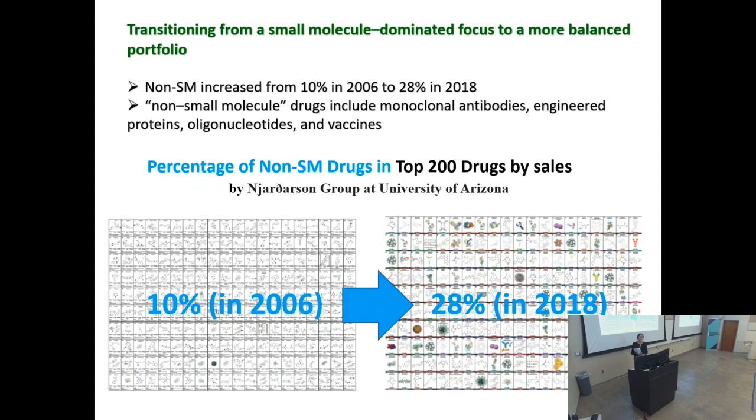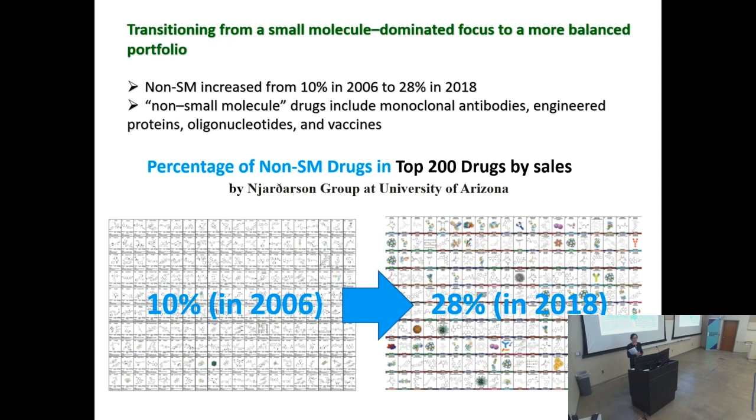All right. The pharmaceutical therapeutics are fast transitioning from a small molecule dominated focus to a more balanced portfolio of small molecule and non-small molecule drugs. Those 2 posters were created by a research group at the University of Arizona.